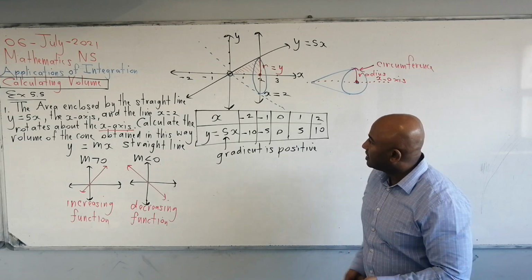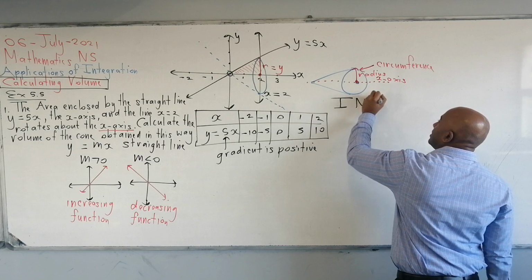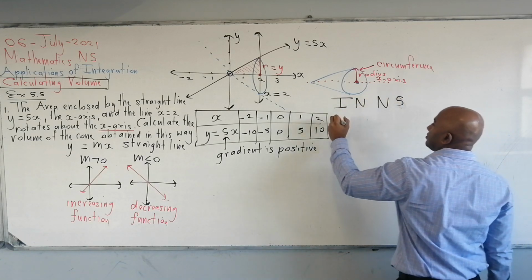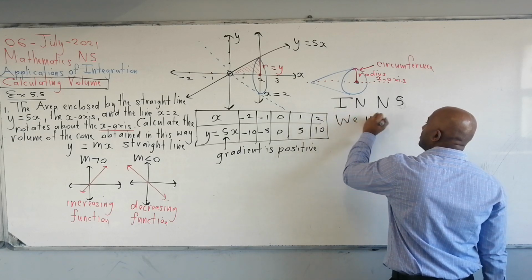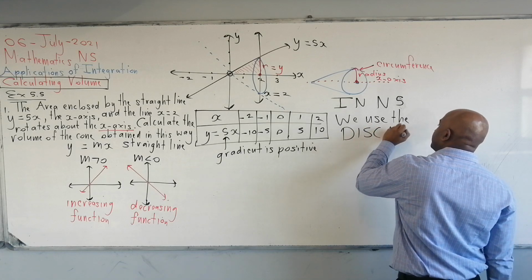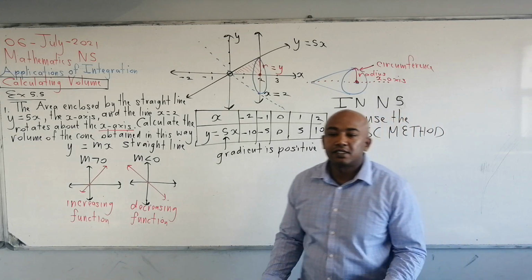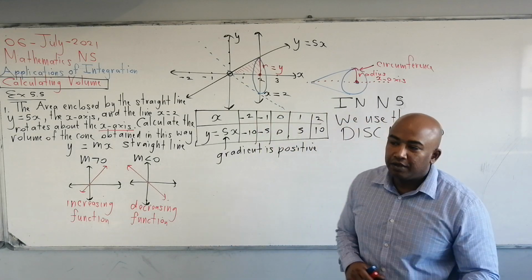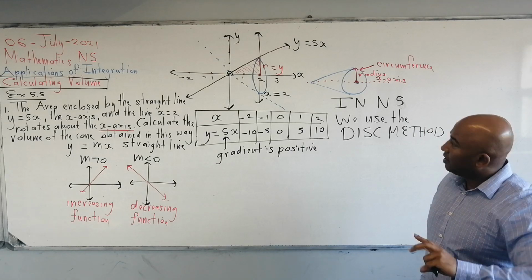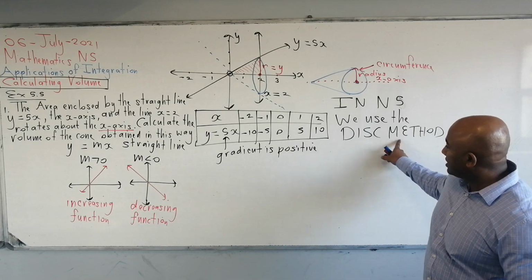It's called the disk method. In N6, we use the disk method and the shell method, which you can watch some of my videos on volume if you're interested in understanding both methods. But in N5, it's simple. We only use the disk method.